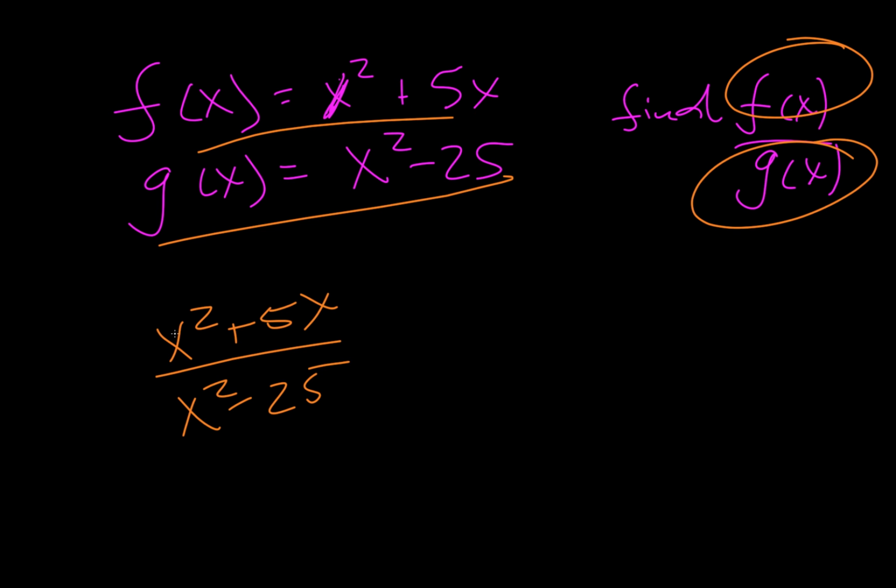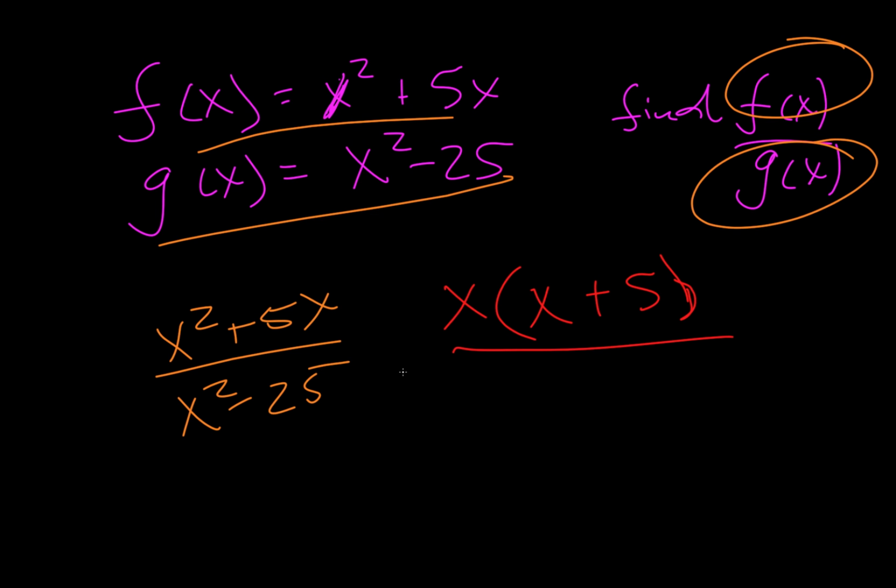So on the top, we have an x squared and an x, so that means we can take an x out. If we divide this by x, we'd be left with an x. And if we divided this by an x, we'll be left with a 5. Now, just to double check that you got that step right, you can distribute: x times x is x squared, x times 5 is 5x, so we did that correctly.